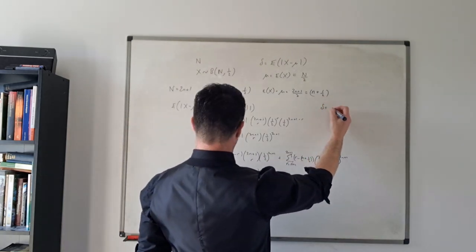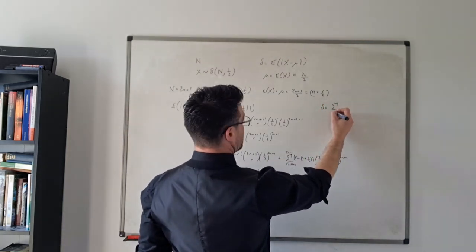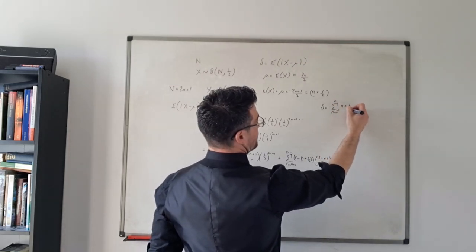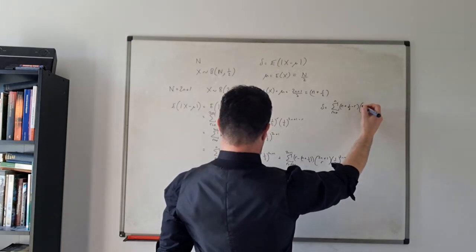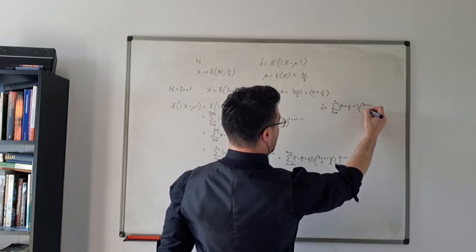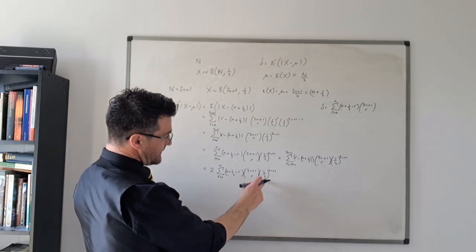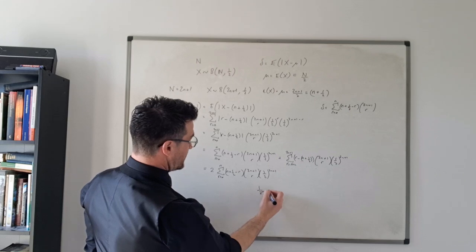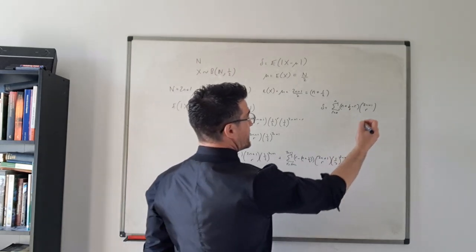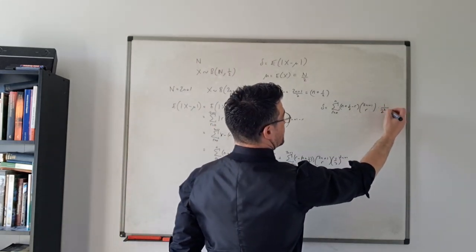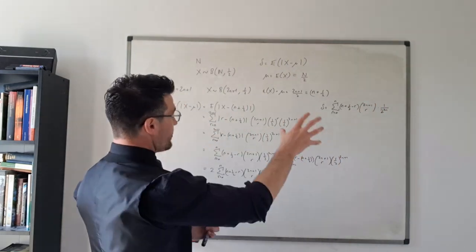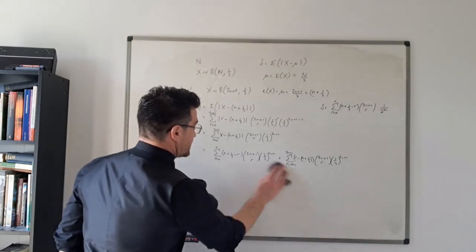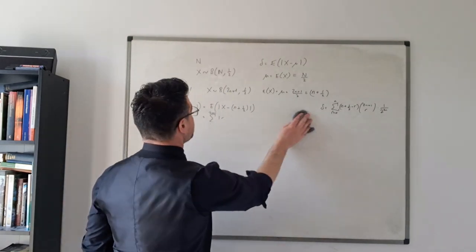So I get delta equals the sum from r equals 0 to n of n plus a half minus r, 2n plus 1 choose r, and then here I'm going to get a half, so it would be 1 over 2 to the power of 2n plus 1, times 2, which is just going to be 1 over 2 to the power of 2n, just to bring it more in line with the form that we got in part 1b. Okay, so let's have a look at the next part.